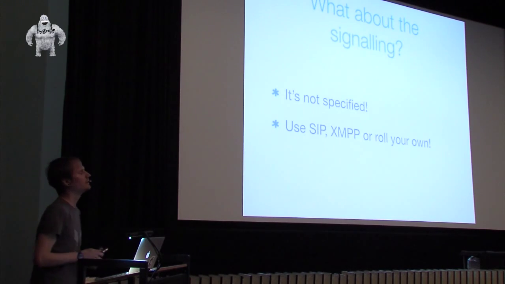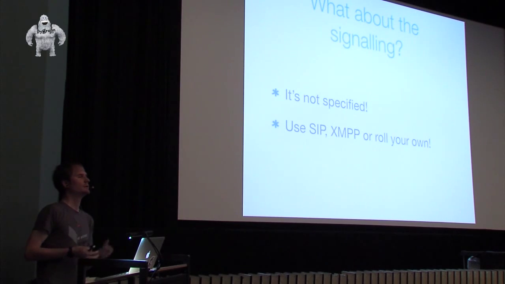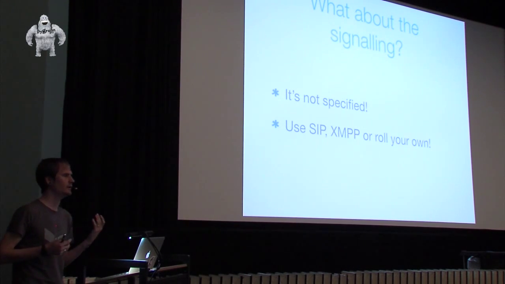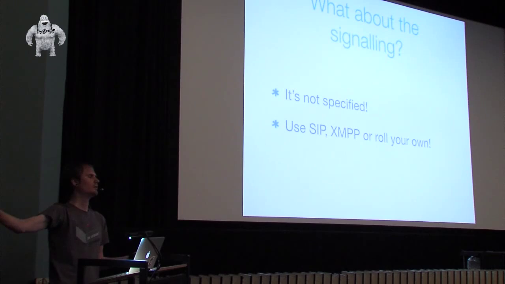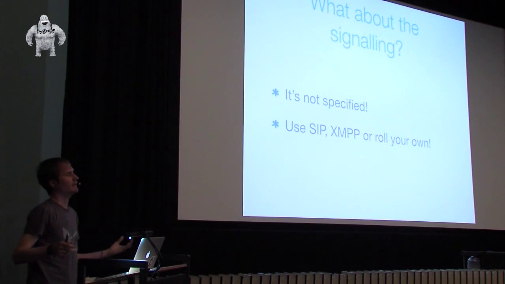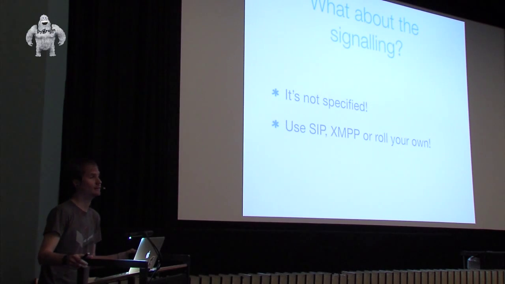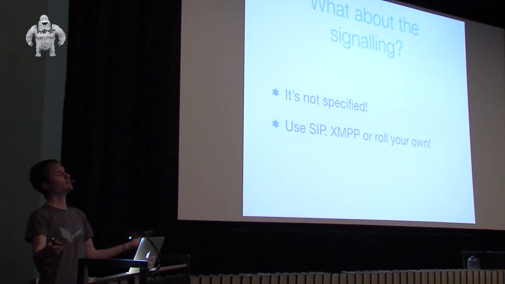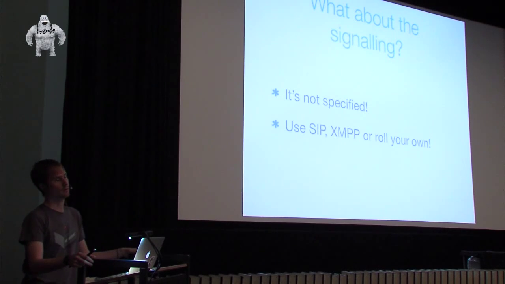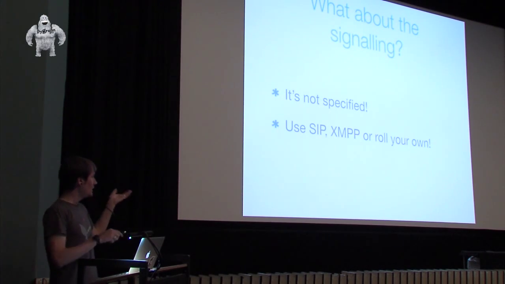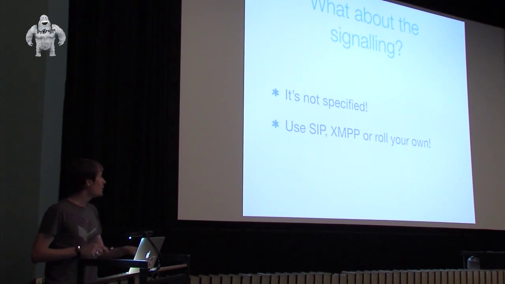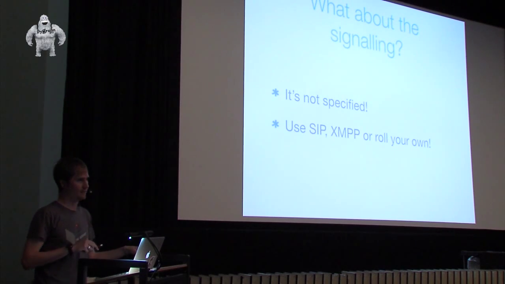Now, I've talked about how we do media, right? So we said we have an SDP, but how do we put that SDP across so that the other party gets it and is able to make sense of it? Well, it's not actually mandated or specified, which is great, because it means we can choose anything we want. So we can choose SIP, Session Initiation Protocol, or XMPP, or what have you.